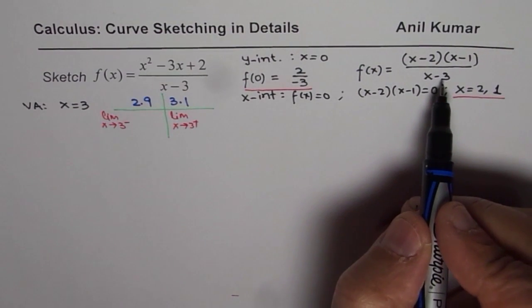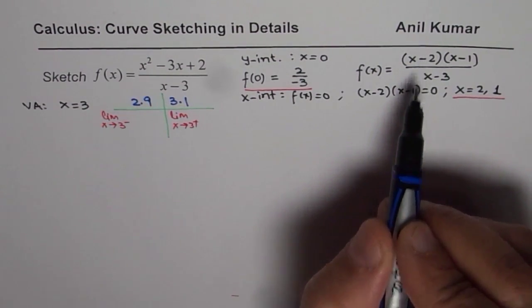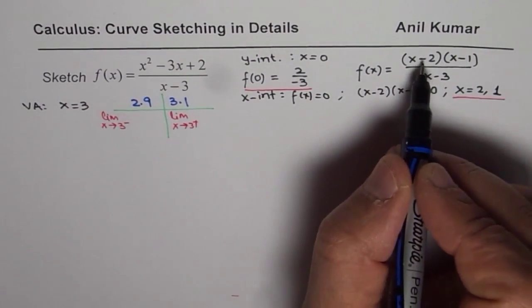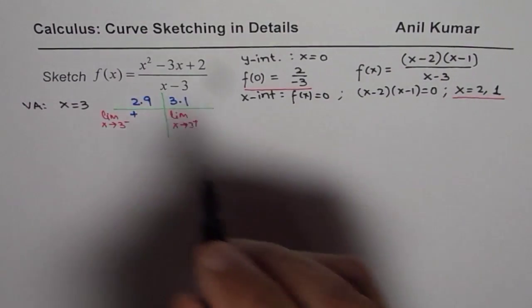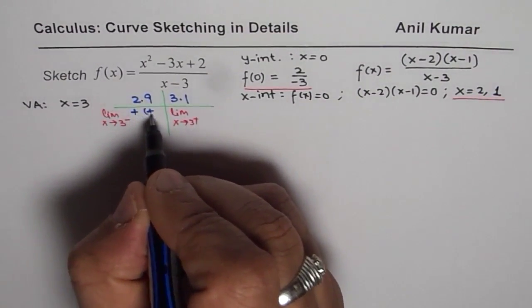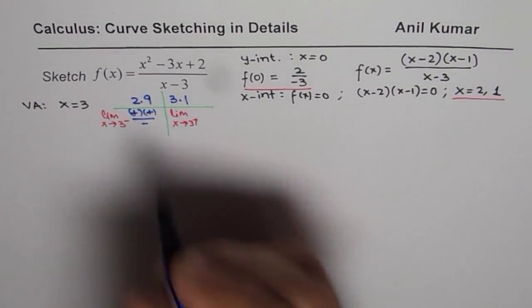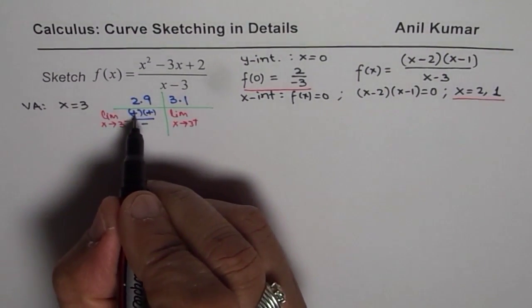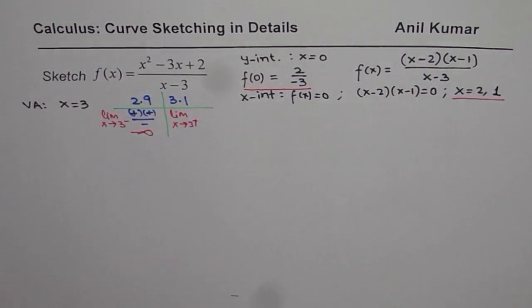Now we have to check whether it is negative or positive. x is 2.9, so 2.9 minus 2 is definitely positive, and 2.9 minus 1 is also positive, so we have positive times positive divided by a negative. Positive divided by negative means negative infinity, correct?